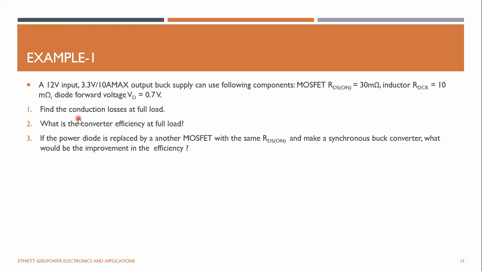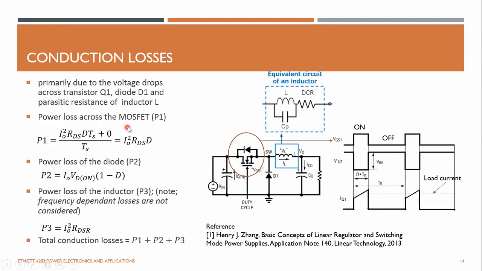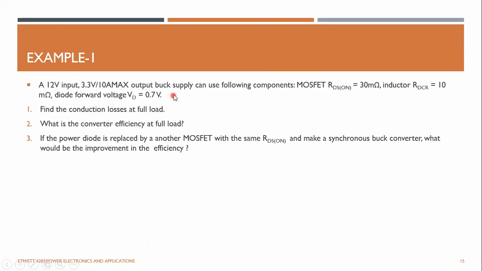In that case, conduction losses at full load means these are the conduction losses. The first one is the power loss of the MOSFET. If you know your load current, it is I squared R_DS into D. You know your load current is 10 amps, you know your DC resistance, and the duty cycle should be calculated.